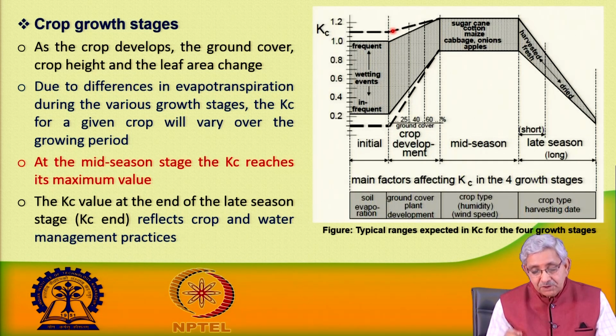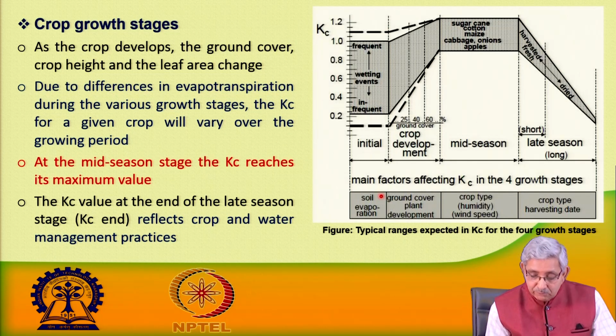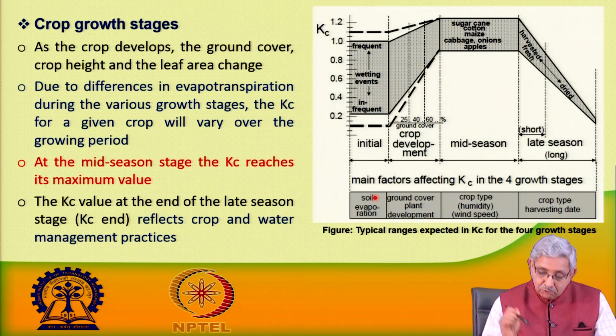Now, the Kc value when the deficit is maintained at the initial stage is slightly more than 0.2, and for the same initial stage with frequent irrigation we get almost equal to 1 or more than 1, because in the initial stage the soil evaporation component is predominant.